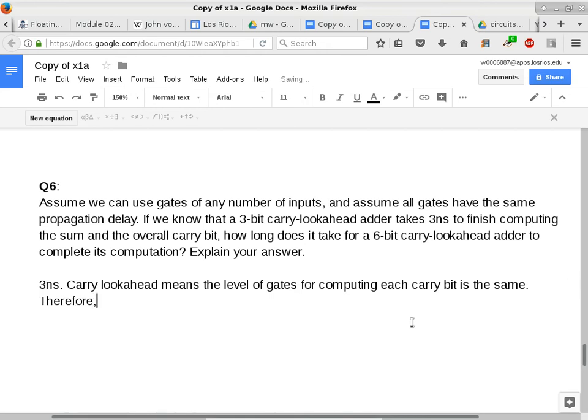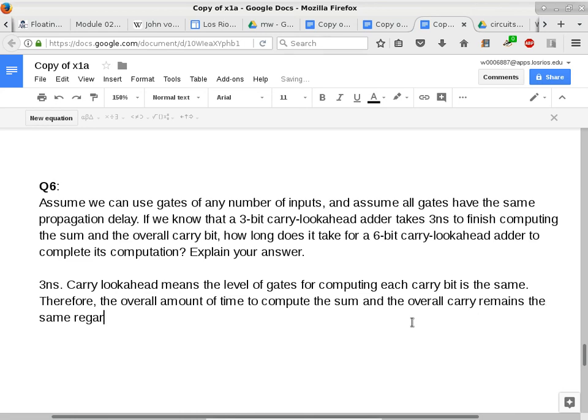Therefore, the overall amount of time to compute the sum and the overall carry remains the same regardless of the number of bits to compute. That would be the answer, because the whole point of carry look ahead is so that we can speed up the whole process. Is that okay or not?